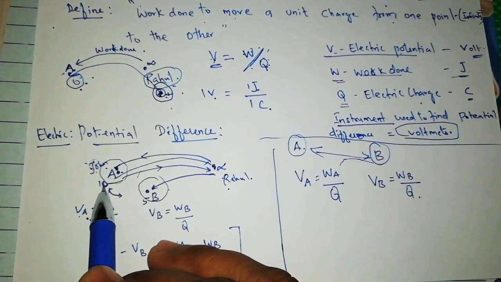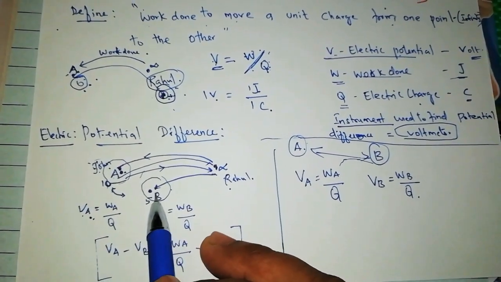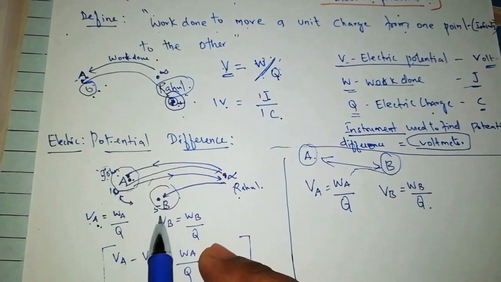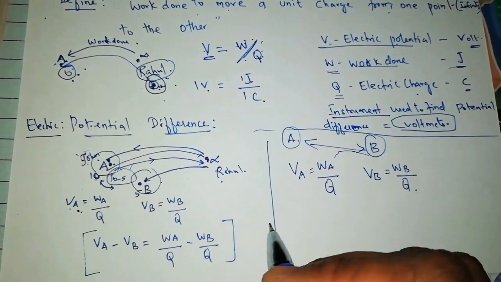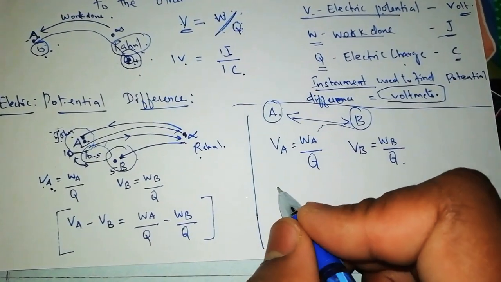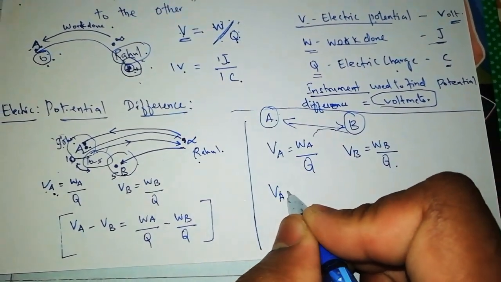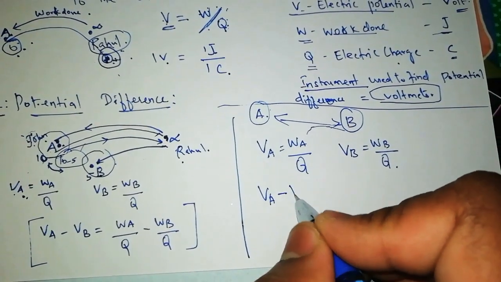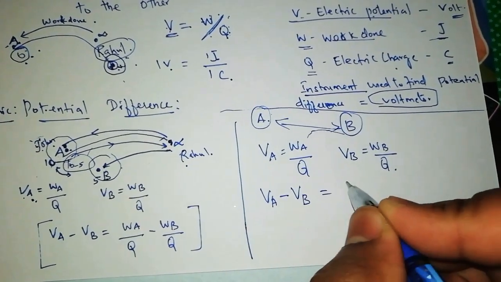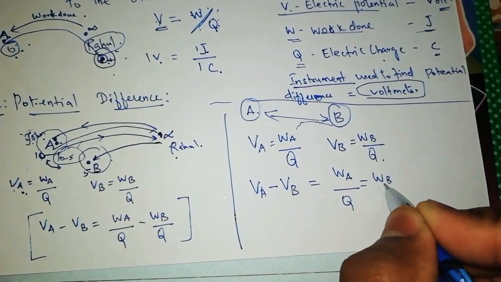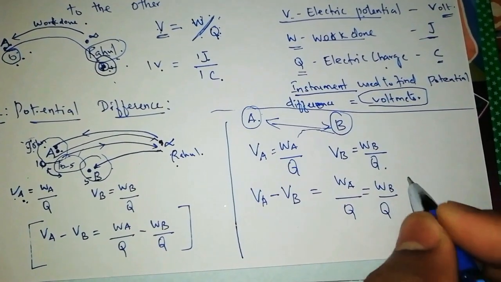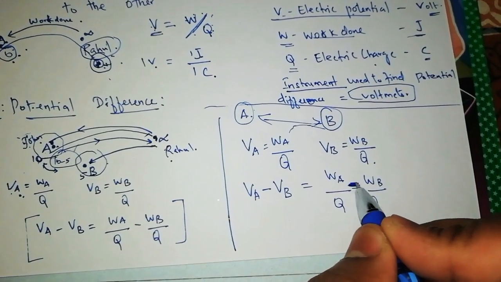For example, the first time it comes 10, the second time 5. What is the difference between them? 10 minus 5 is 5. So to find the potential difference between these two, I have to subtract: VA minus VB, which is equal to WA by Q minus WB by Q. Sorry, it's minus.